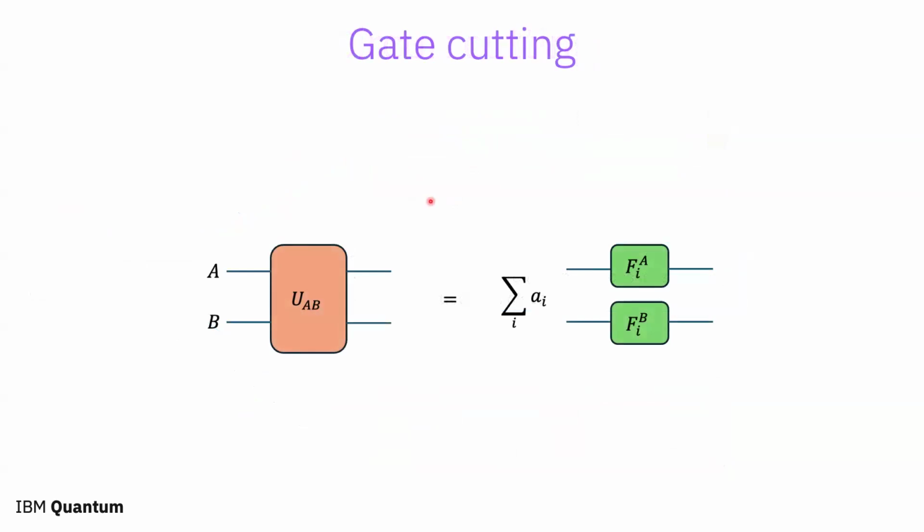Gate cutting. So what is gate cutting? Say you have a 2 qubit gate, some U_AB. Now for 2 qubit gates, 2 points are here. First, we know that 2 qubit gates are more noisy than single qubit gates. Point 2, most of the quantum computers we have today are planar, definitely the IBM ones.